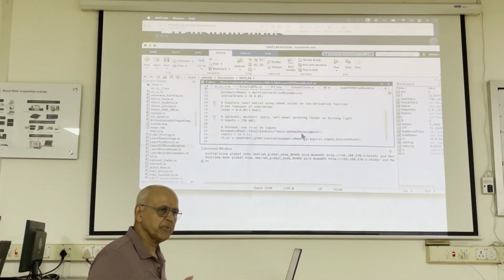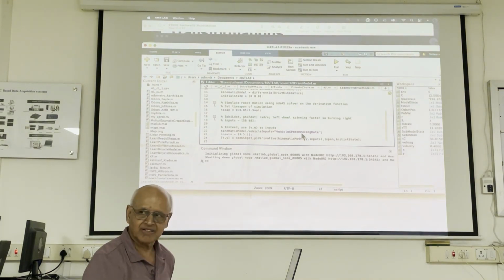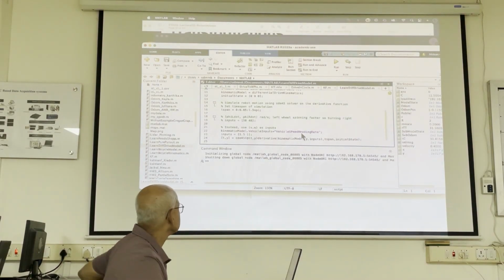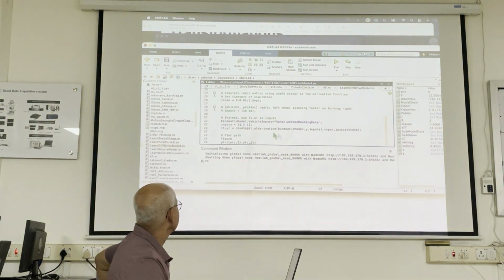But I want to be a roboticist now. I don't want to bother about individual wheel speeds. So I want to tell it V and omega and show me the path. These are the two inputs, which means the forward velocity is 1.5 meters per second and the turn rate is 1 radian per second.